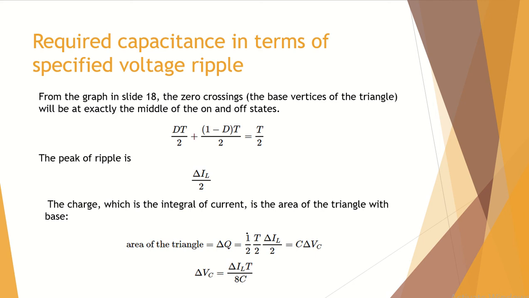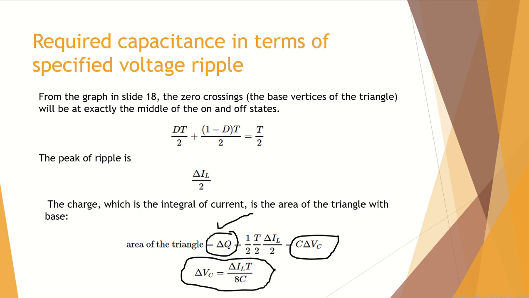The area of the triangle will give the charge, and this ripple basically appears across the capacitor. So Q is equal to CV, del Q is equal to C del VC. If we put in the values, our del VC becomes del IL times T divided by 8 times C.